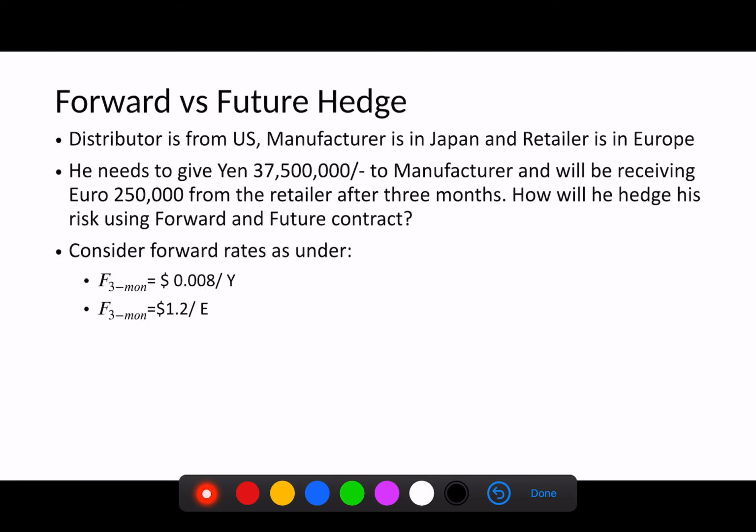This is an important example of how forward and futures hedges are different from each other. For example, there is a distributor sitting in the USA and the manufacturer is sitting in Japan.